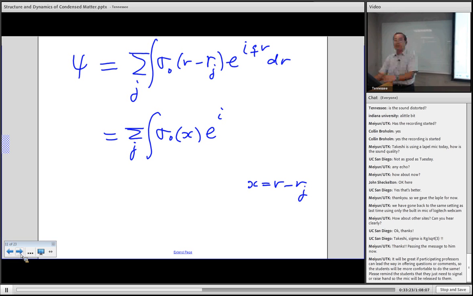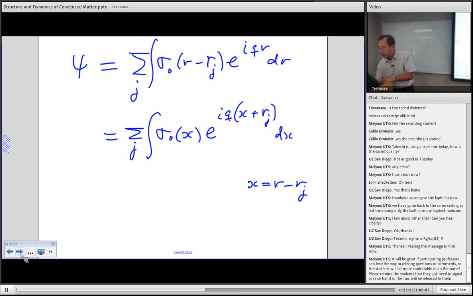Okay, so r is x plus rj. So e to the iq dot x plus rj, then dx. Okay? So you can bring this rj in the front.